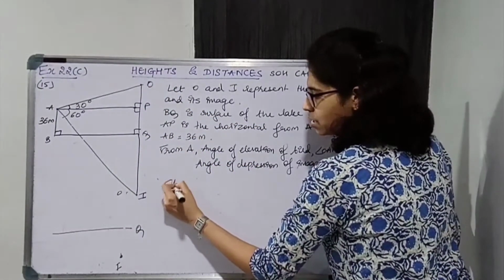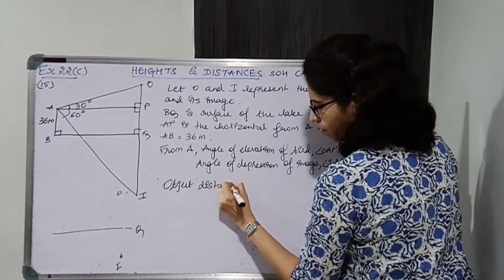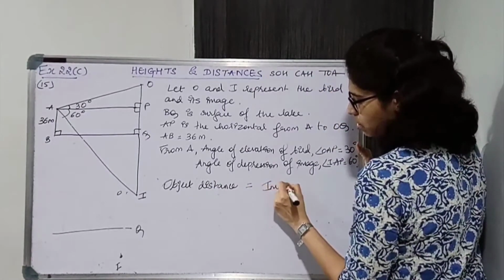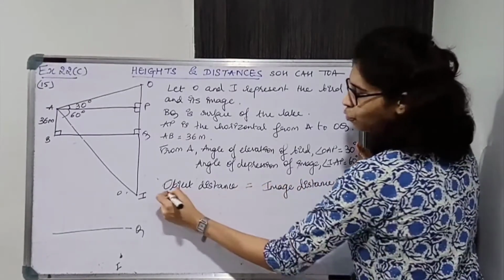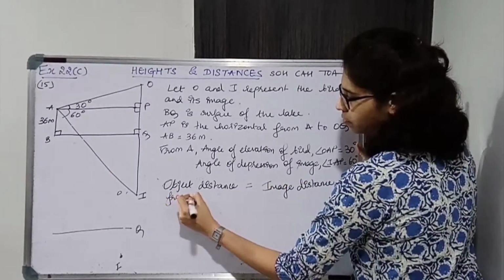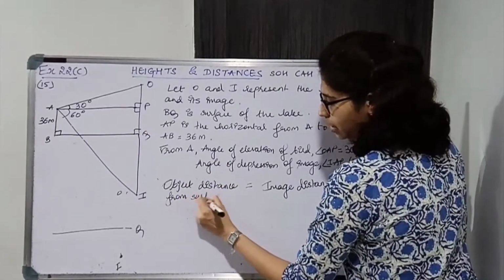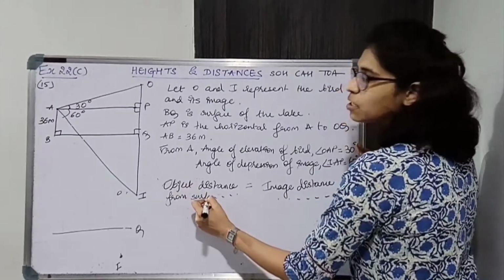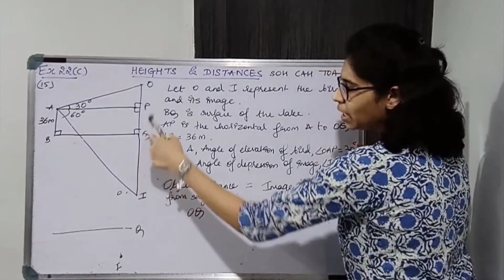So object distance is equal to image distance from the surface of the lake. Just write down, here the mirror is the surface of the lake. So from the surface of the lake, object distance OQ and image distance IQ.